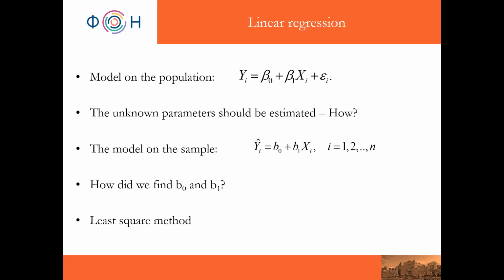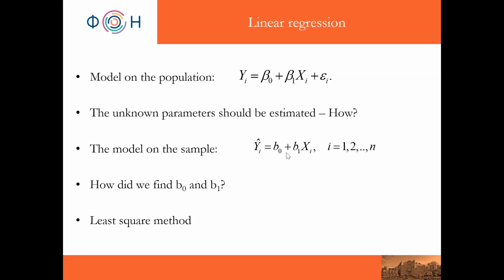When we are observing our model on the sample, we need to place our attention on the fact that here it's not y_i, it's y_i hat. Every time we have a hat, it indicates that we are observing an estimate. So y_i hat, in fact, is the value of our dependent variable estimated by our model.